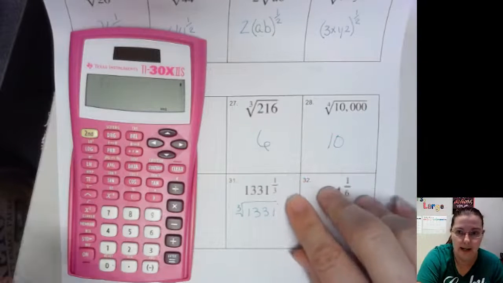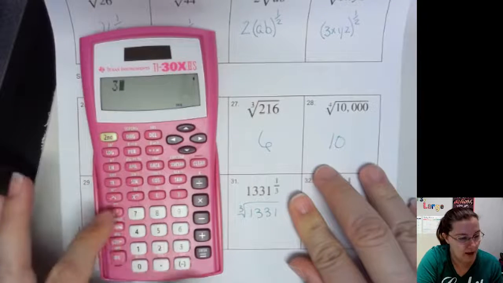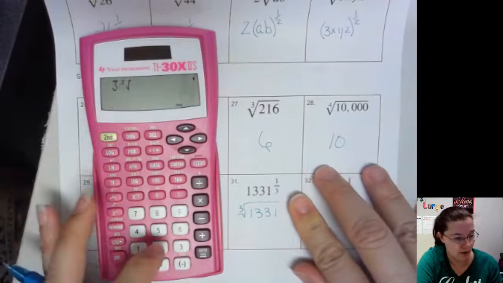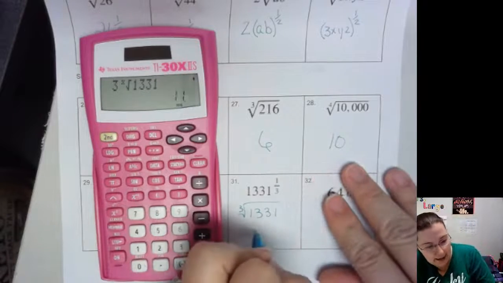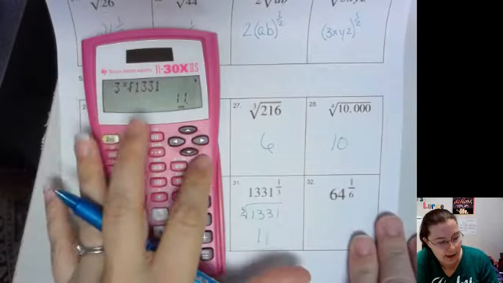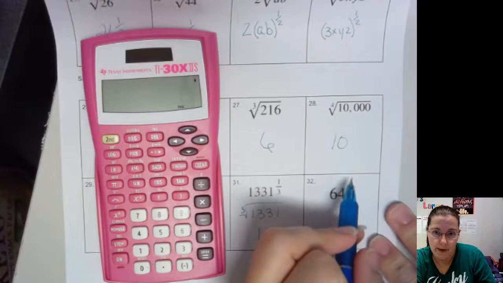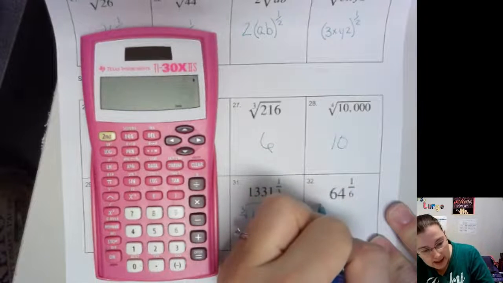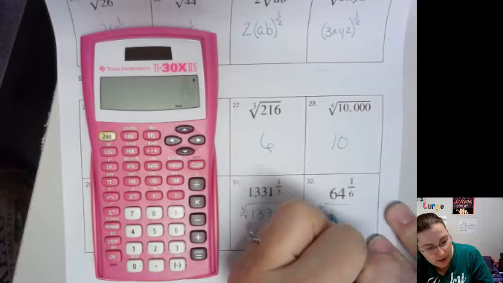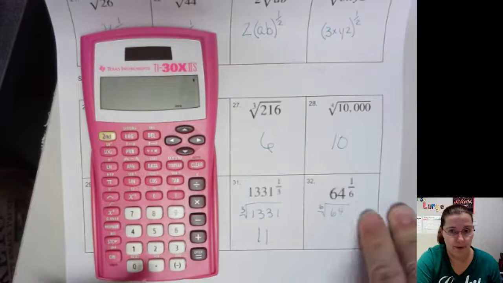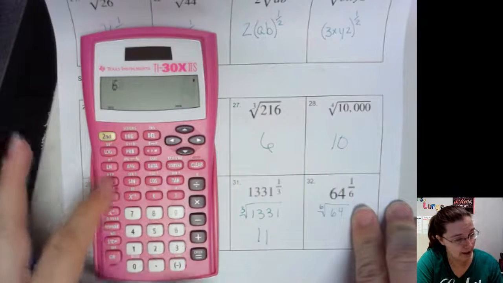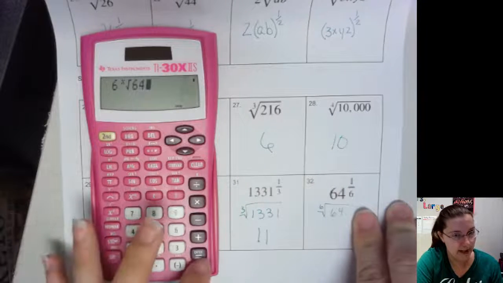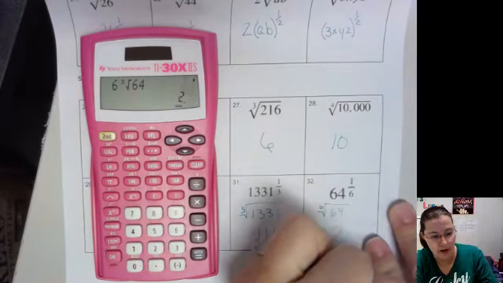I'm going to put that into my calculator, cubed root of 1331, and I get 11. Same thing here, because we have a 1 on top and a 6 on bottom, this is the same as the sixth root of 64. So that bottom number just tells us our index. I can plug that in the calculator, sixth root of 64, and that is going to give me 2.